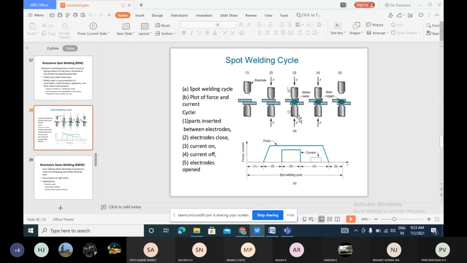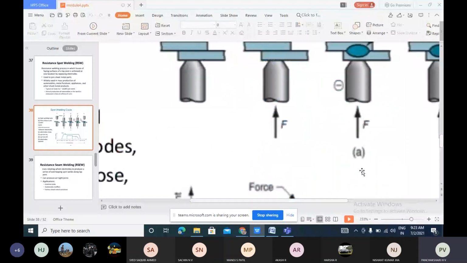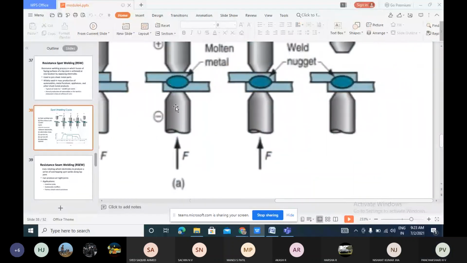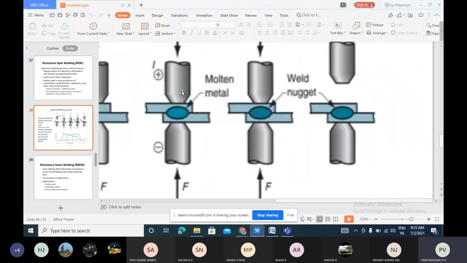So during that time what happens? It develops resistance at the center, at the junction of the two metals. Here, severe resistance is built up to the flow of current.